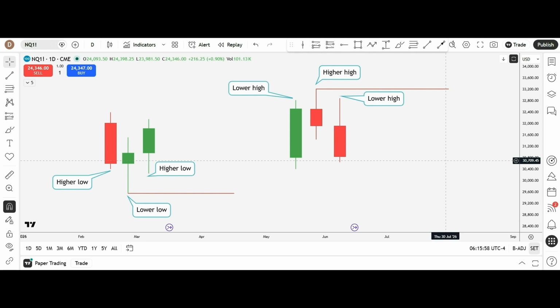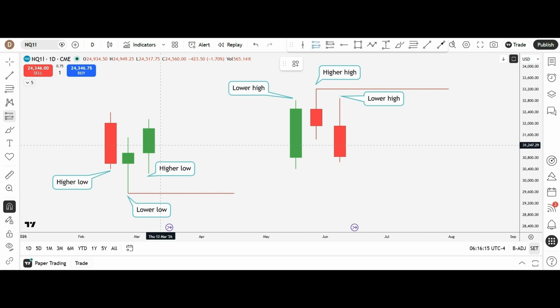Why is this important? Imagine that in this case over here, when the traders have seen that the trend has switched from a downwards trend to an upwards trend, then they want to go long.